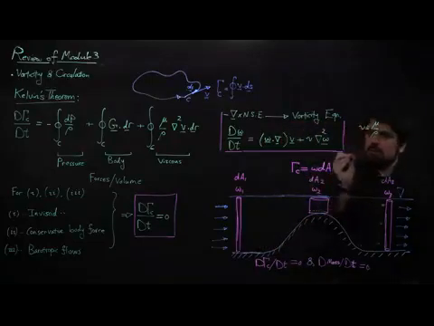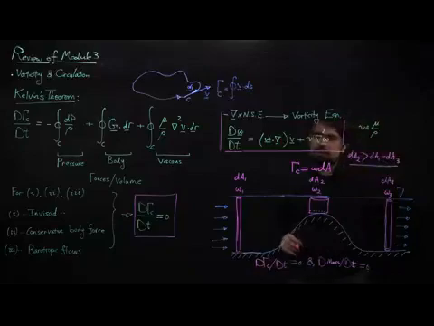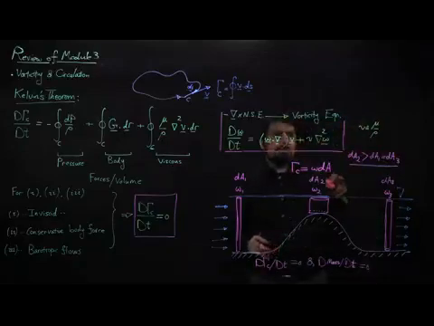So dA at 2 is much larger than dA at 1, which is equal to dA at 3. That's the relationship we have between cross-sectional areas of these vortex tubes. This simply comes from conservation of mass.